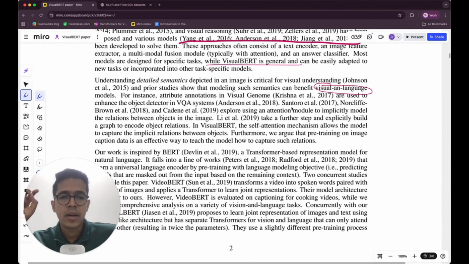Santoro et al. explore using an attention module to implicitly model the relationship between objects in the image. Implicitly model using attention, which means I guess there are no hand annotations available to learn the relationships. I guess that's what implicitly means in this context.